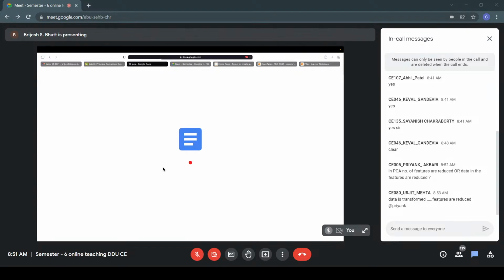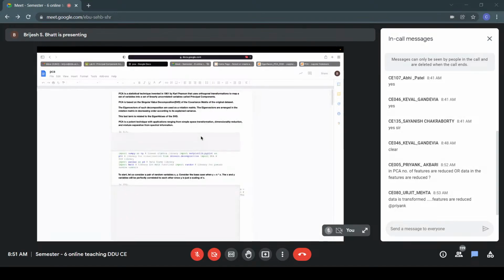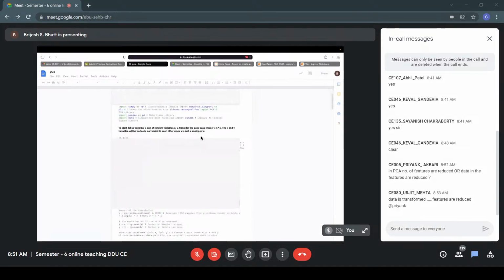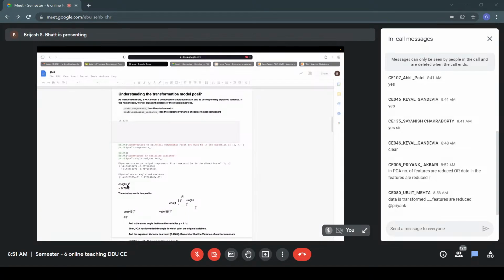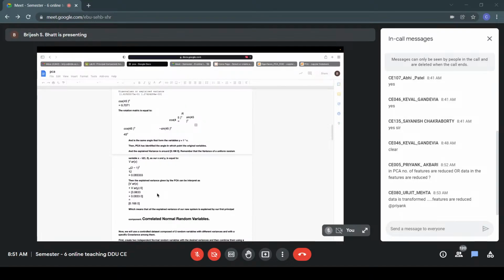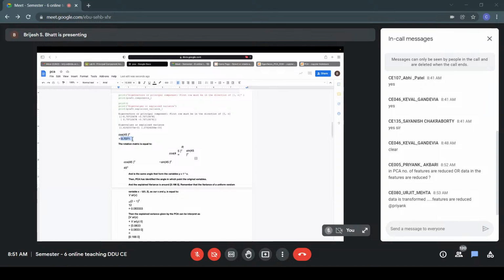Okay, now it's open. If you see here, a more detailed description of this transformation is given, like if you want to rotate by 45 degrees and so on. But this angle of rotation is actually tied to your eigenvalues or the principal component values along which you want to rotate. So these can be mapped to an angle and you can rotate along that angle.